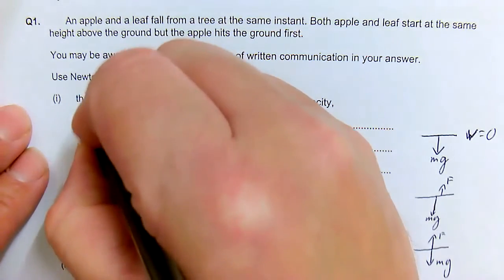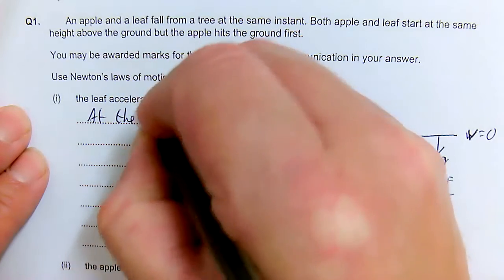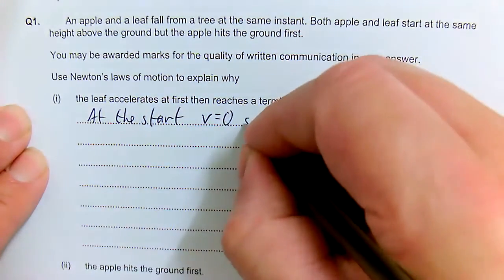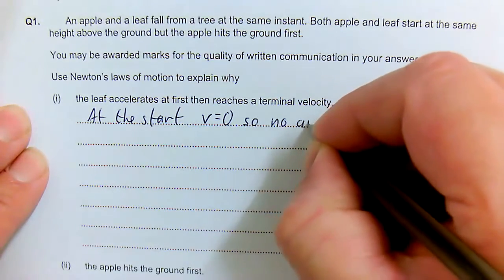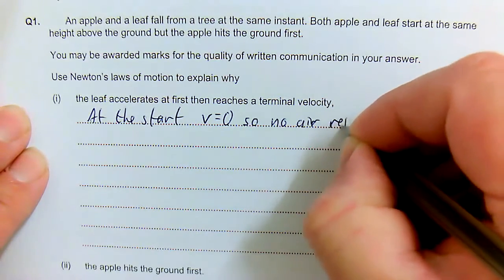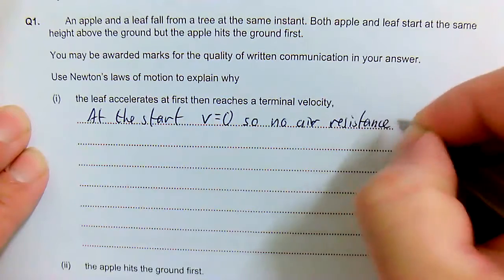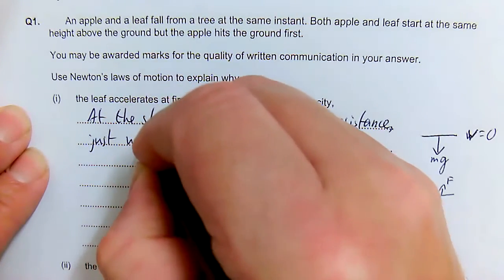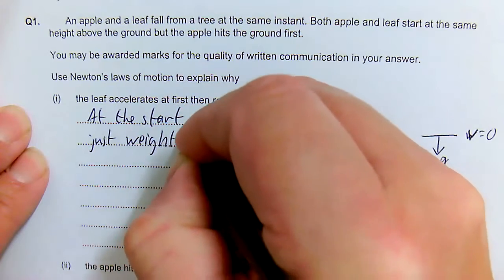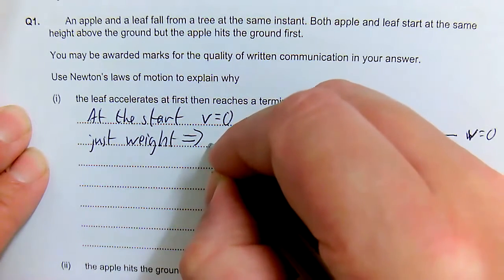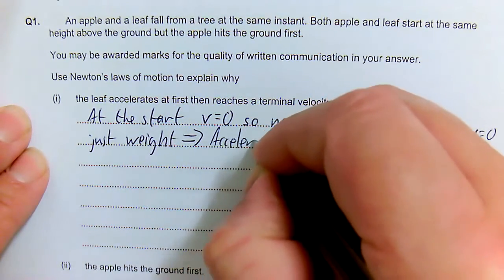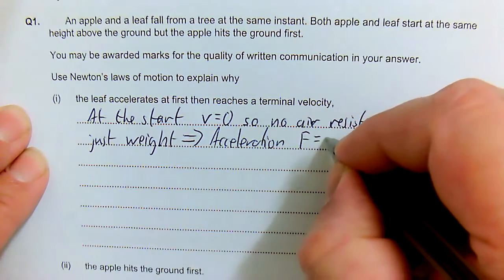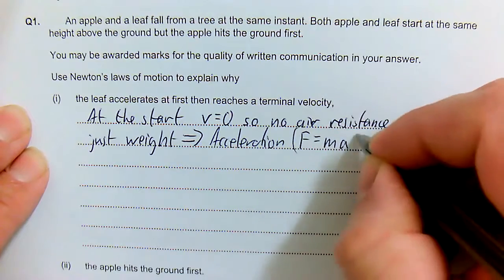So at the start, the speed is 0, so there's no air resistance, just the weight, and that implies acceleration. Now it says use Newton's laws of motion, F equals ma, okay?